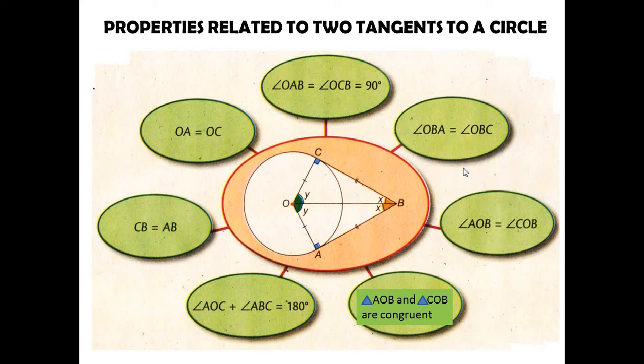Remember, the term congruent means exactly the same. Now angle AOC and angle ABC, these two opposite angles, when we add both, equal 180. So remember, opposite angles total 180. All these are properties related to two tangents to a circle.